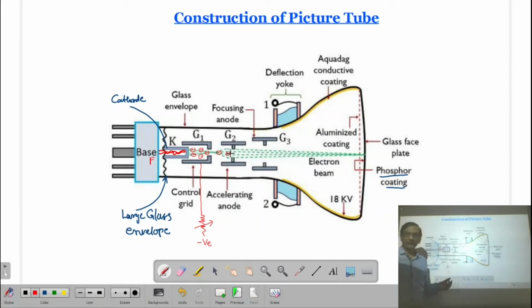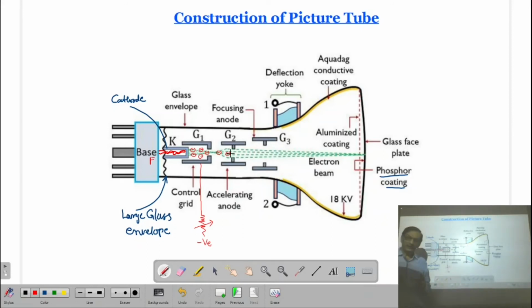And if it is a less negative voltage, then more electrons will come out from this electron gun. This number of electrons is going to strike the screen, the phosphorus material.